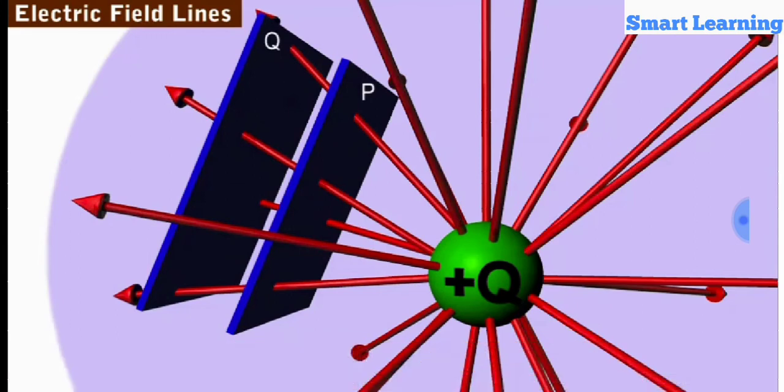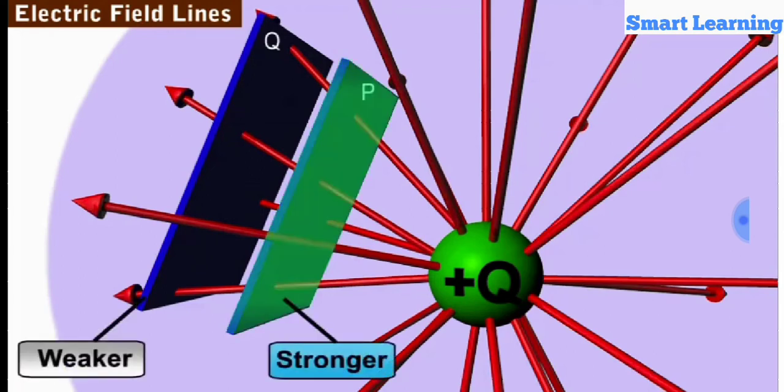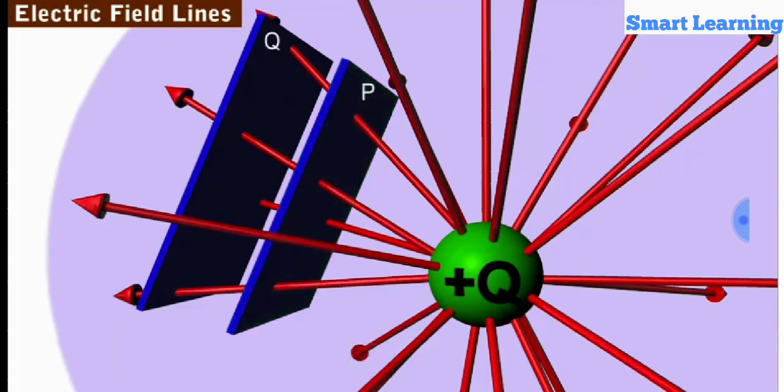This indicates the strength of electric field at P is greater than that at Q. As the electric field strength is stronger at region P than Q, the field strength varies from region to region.